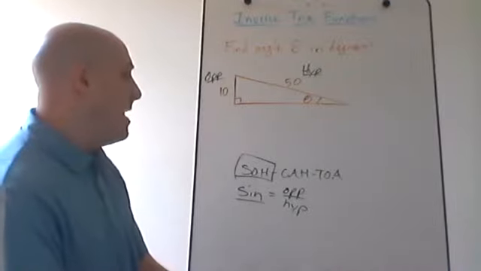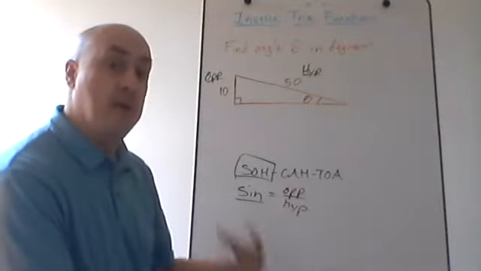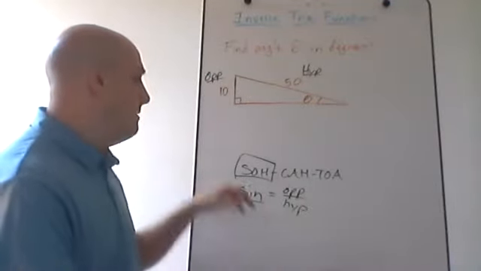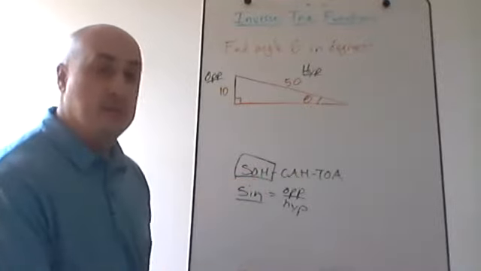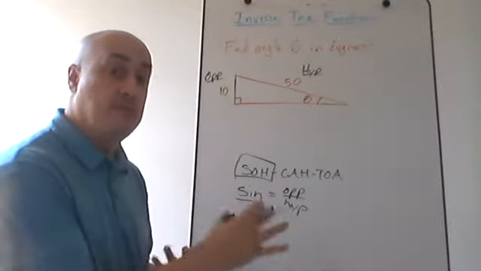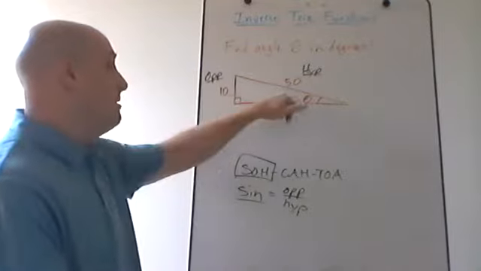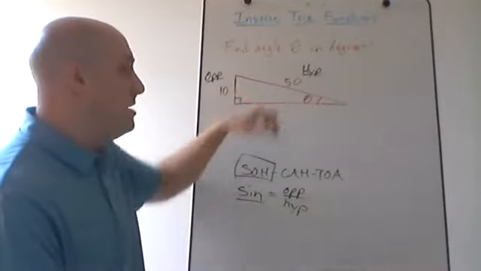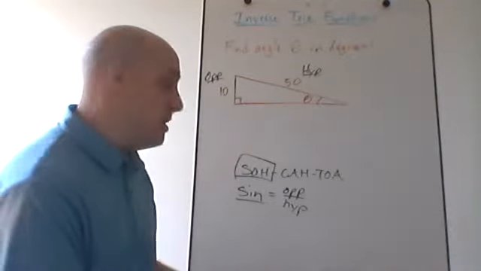Right, so the sine of my angle is going to equal the opposite side over the hypotenuse. Again, if you understand the definitions of sine, cosine, and tangent in terms of the three sides of the triangle, it's just a matter of identifying which sides you know and then picking the right trig function.